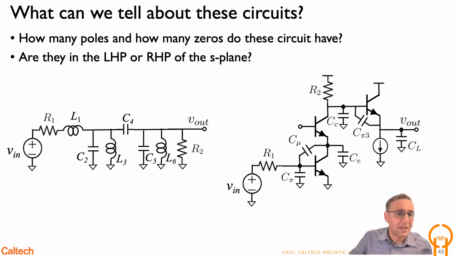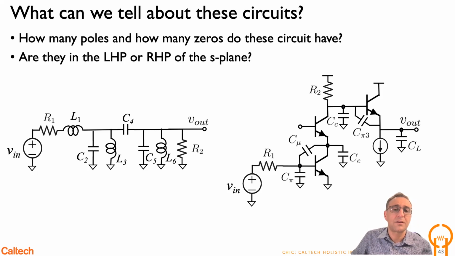Now, how many zeros do we have? Well, look at this. What are the max elements that we can infinite-value and get a finite output? If you infinite-value L3, we are good because it opens L3, so it doesn't short it to ground. L6 the same way, and C4 as well. The other elements will short-circuit it or detach it from the input. So you have L3, C4, and L6.